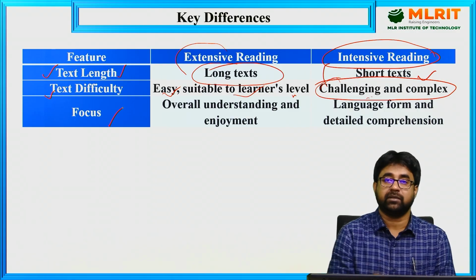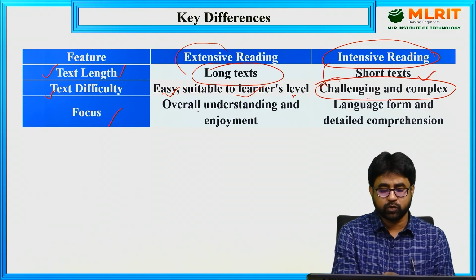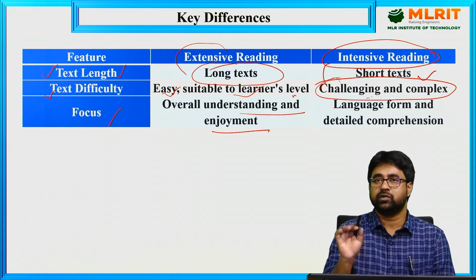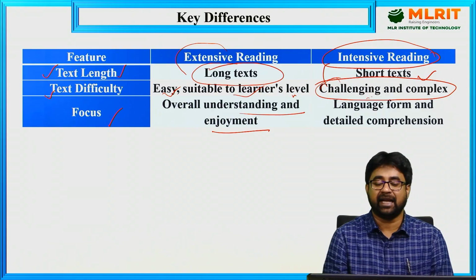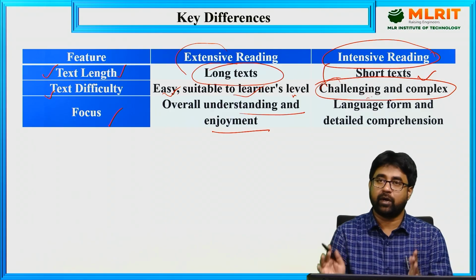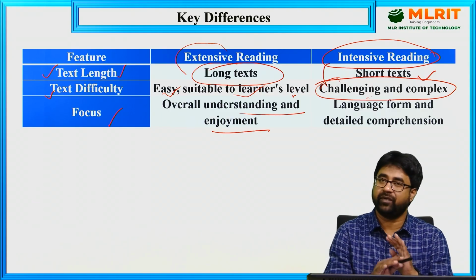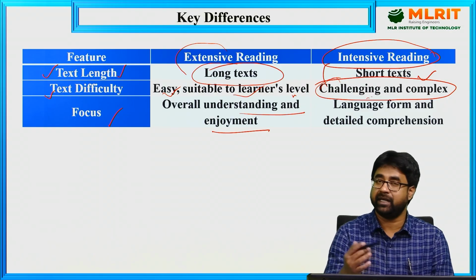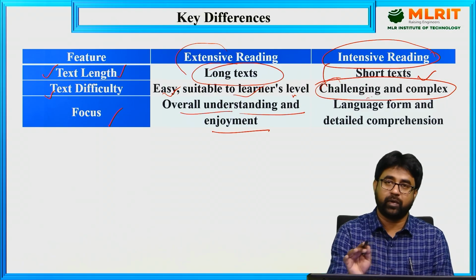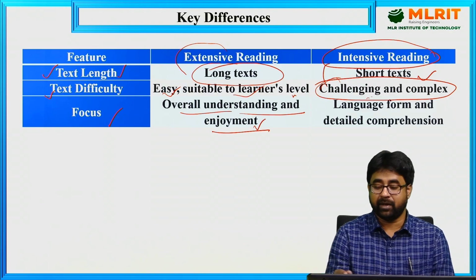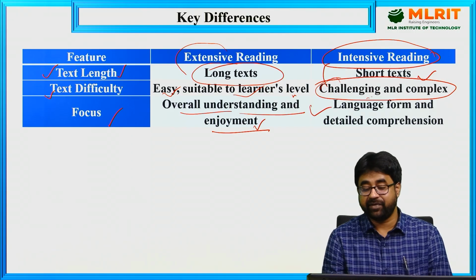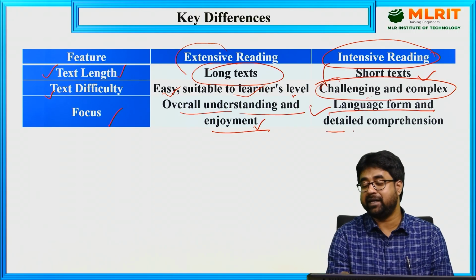Then focus. What is the difference in terms of focus? Overall understanding and enjoyment. The main focus while doing extensive reading is to get an overall idea, an overall understanding, not a very detailed or deep understanding, but a general understanding, and enjoyment. On the other hand, the focus of intensive reading is language form and detailed comprehension.